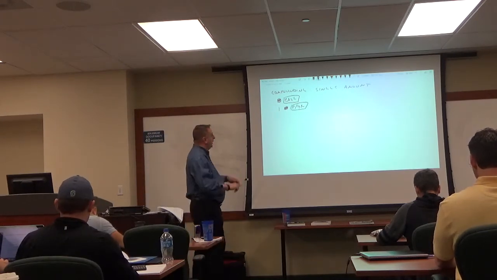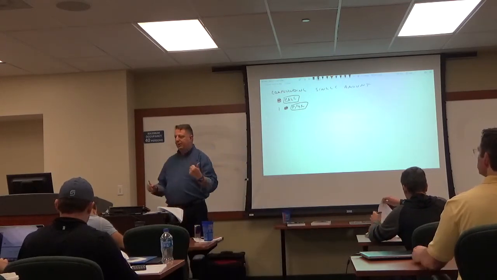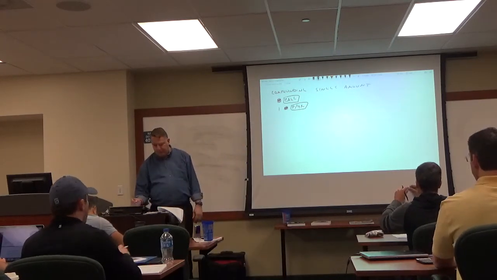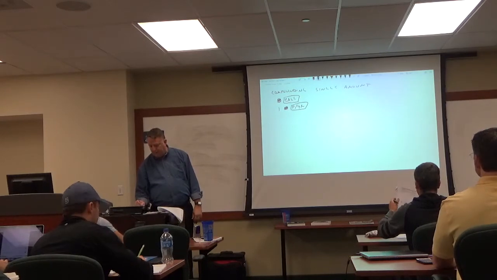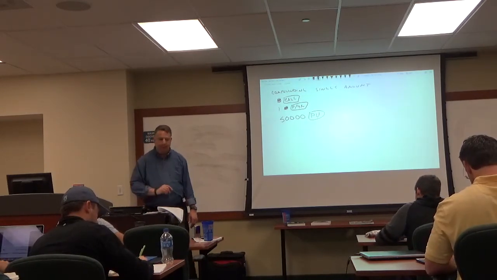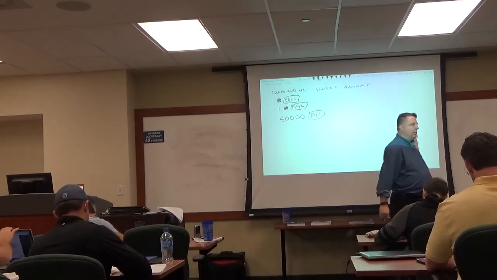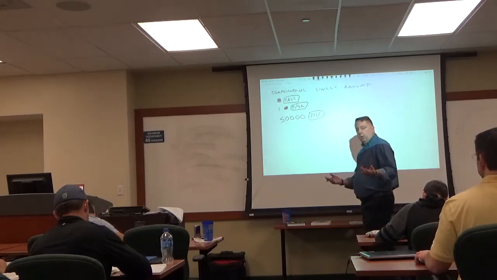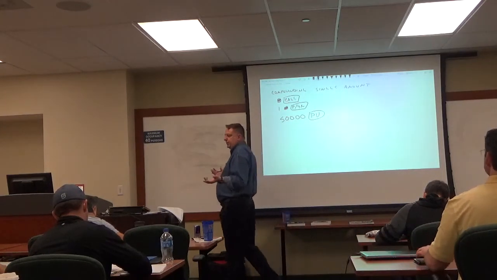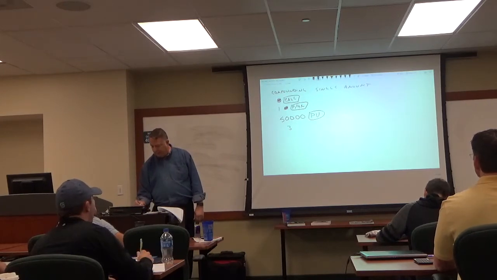Okay, now, the pieces of information that you're going to need for this: you need to know the present value. So let's say that we've got a present value of $50,000. We also need to know what interest rate we're going to be investing at. So let's say that our interest rate is going to be 3% a year.